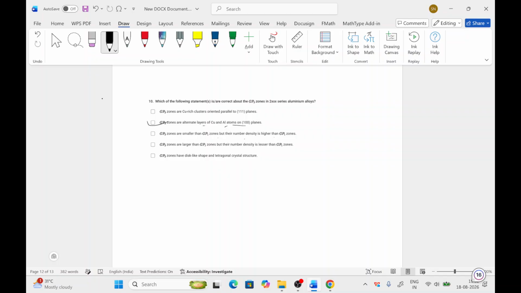GP2 zones are larger than GP1 zones, but their number density is lesser than GP1, because GP1 have higher density, and with time they coarsen to form the GP2 zones. So with coarsening, the number density decreases and their size increases. So this D option is correct, and GP2 zones have disc-like shape and tetragonal crystal structure. So this is also correct.